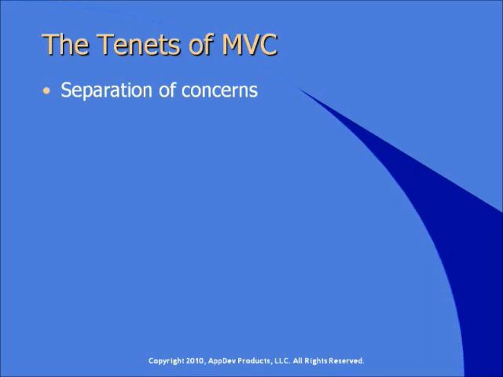In MVC, the model knows nothing about a view or controller. The view knows nothing about the controller, and so on. Now that's the ideal, but the more that you can keep the concerns of the different components separate, the better your application is going to be. It's going to perform better, it's going to be more maintainable, and so forth. So that's separation of concerns.